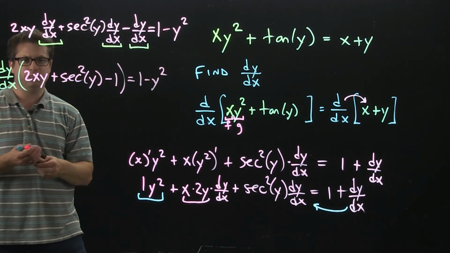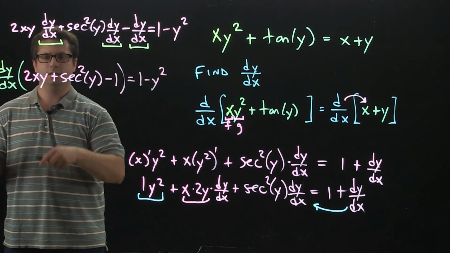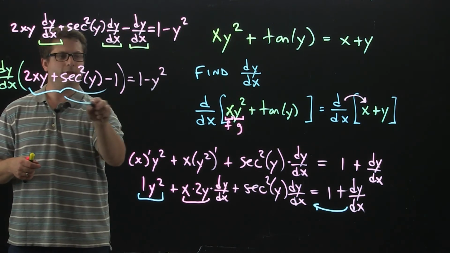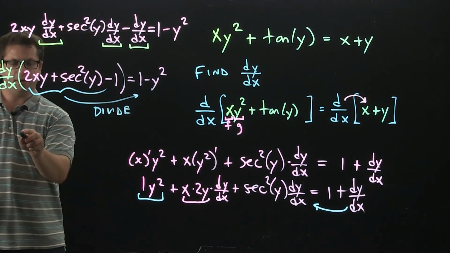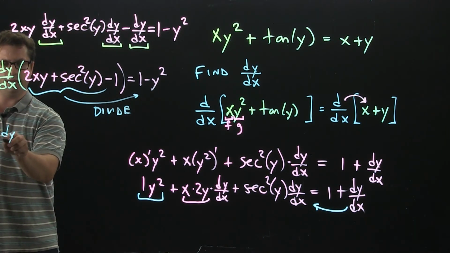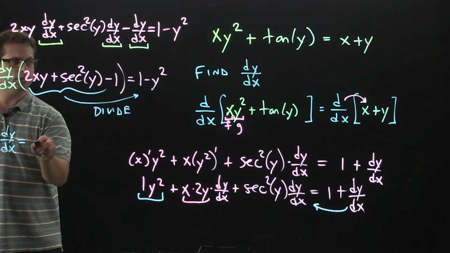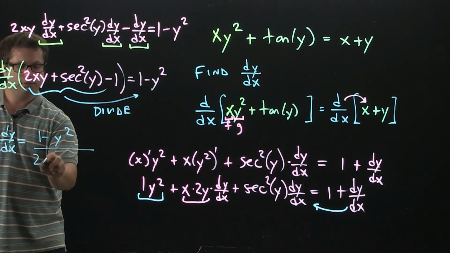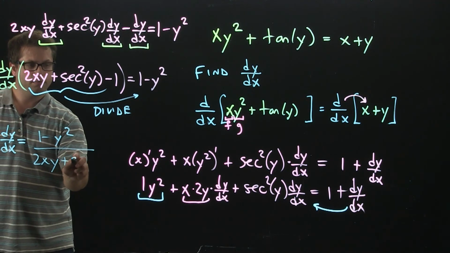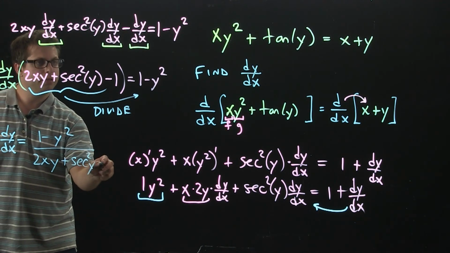Then the last step is to just take the inside right here, and I'm going to divide that over. So my final answer is going to be dy dx equals 1 minus y squared all over 2xy plus secant squared y minus 1.